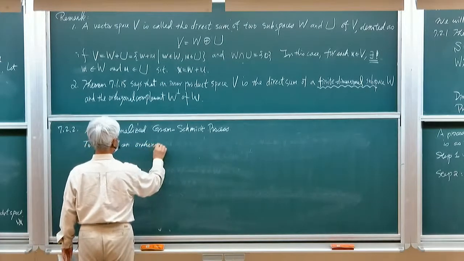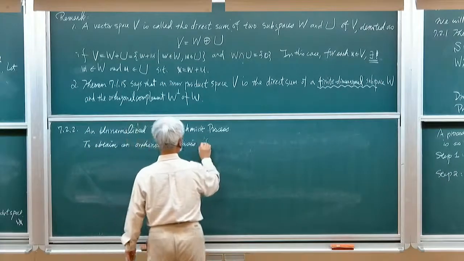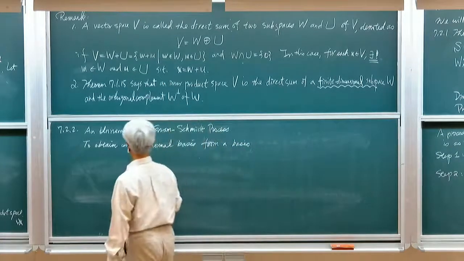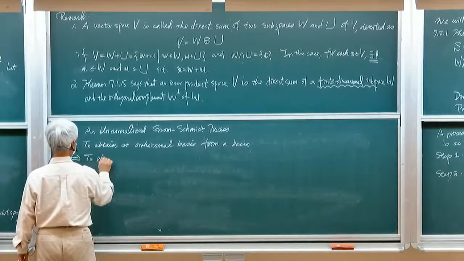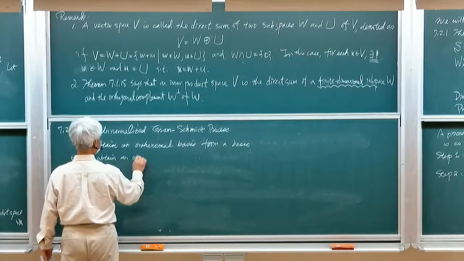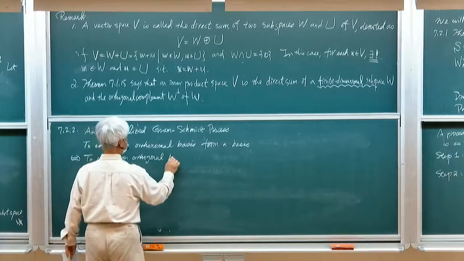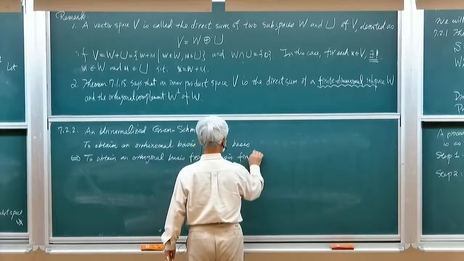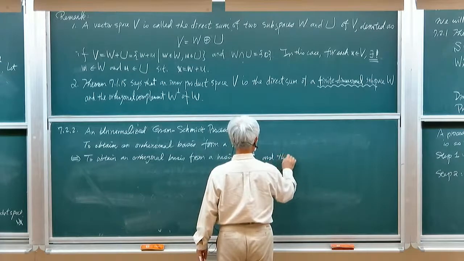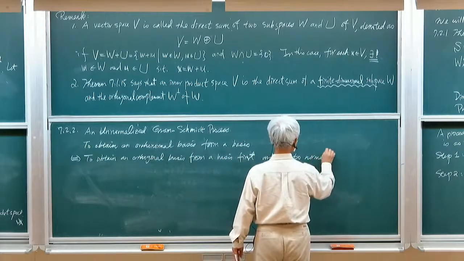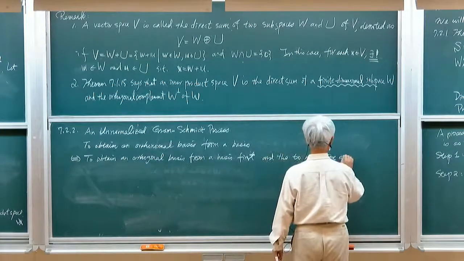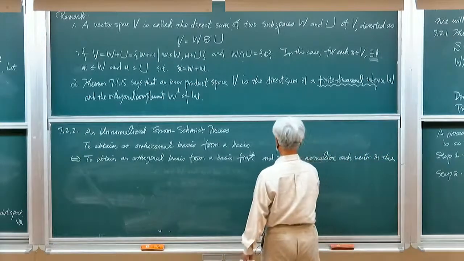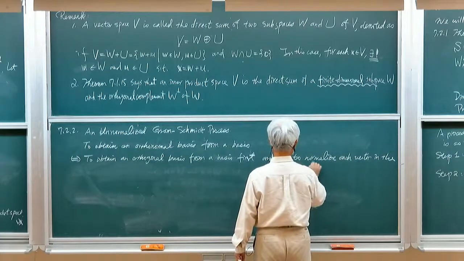The idea is that obtaining an orthonormal basis from a basis is equivalent to obtaining an orthogonal basis from a basis first, and then normalizing each vector in the orthogonal basis.